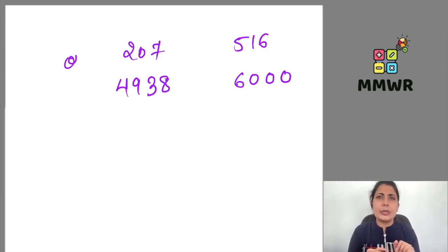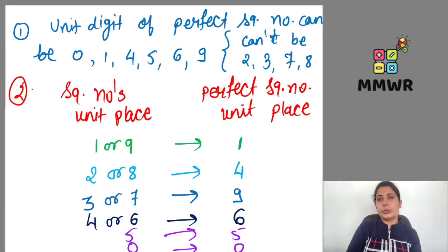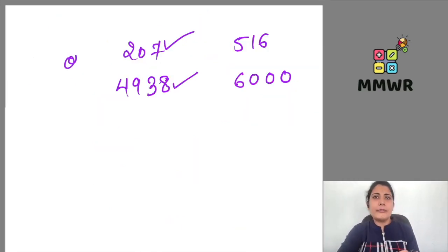We are not sure about the other numbers, but this can never be a perfect square. This can also never be a perfect square because 2378 can't be a perfect square. So these two numbers for sure will not be perfect squares. 516 can be a perfect square.